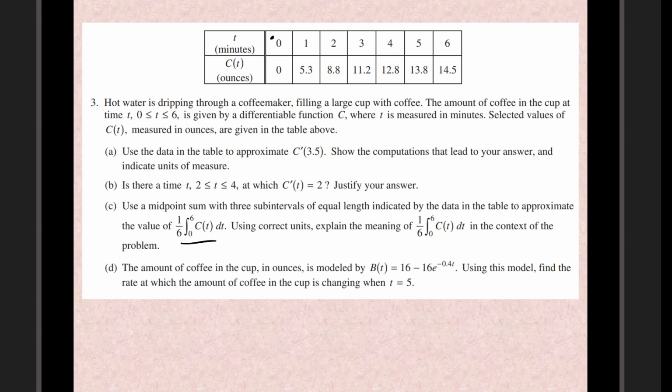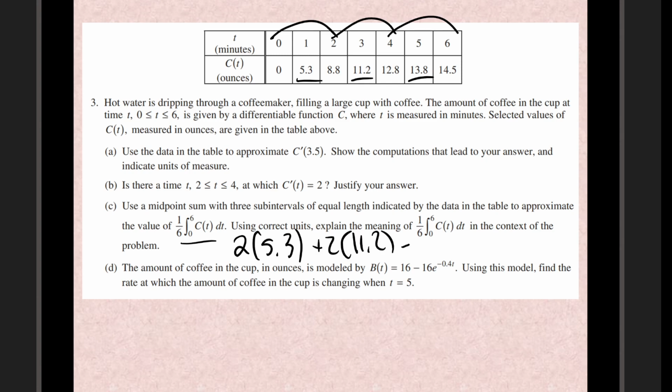If there are three equal intervals, it's 0 to 2, 2 to 4, 4 to 6. The midpoints are at 1, 3, and 5. So I'm using those y values for my midpoint sums. Each of the rectangles is 2 wide, and we add all that together. We divide by 6.